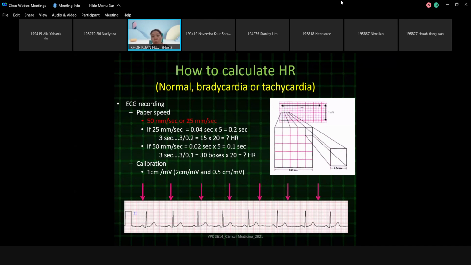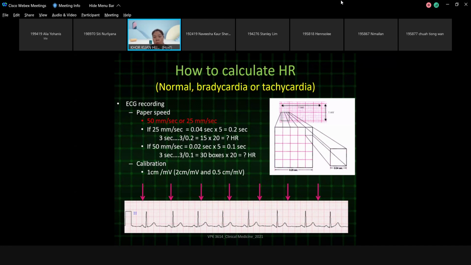Is it always per second or per minute? It's always per minute. Okay? So if you take 3 seconds of information, divide it by 0.2 second, you actually need 15 boxes.